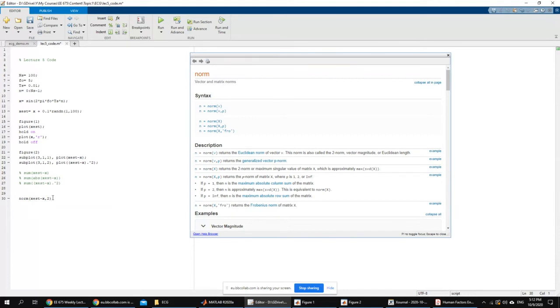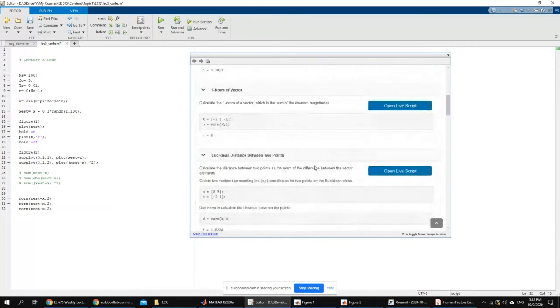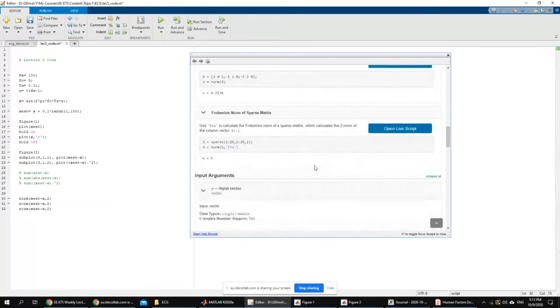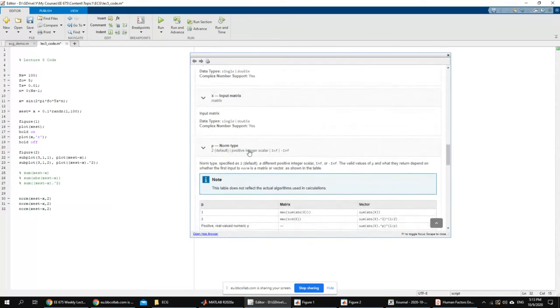Maybe I can put several: the 1, the 2, and the infinity. I'm not sure how you write infinity, I think it's INF. Let's see. P is the norm. Yes, it's INF.